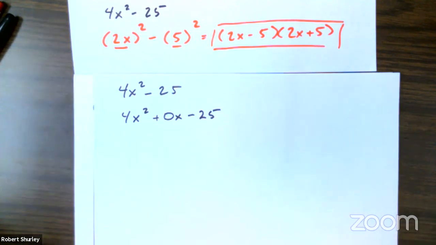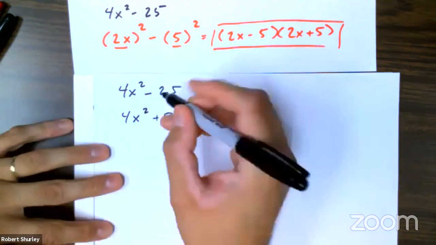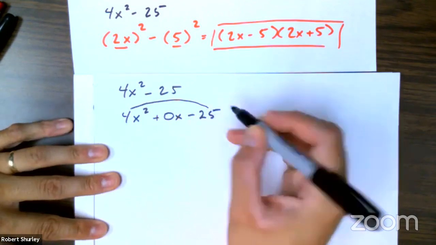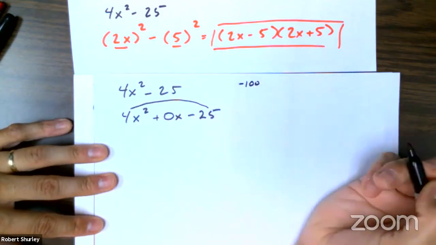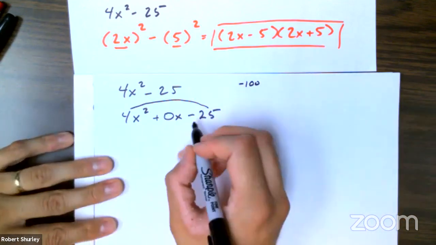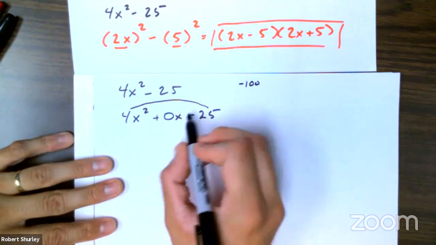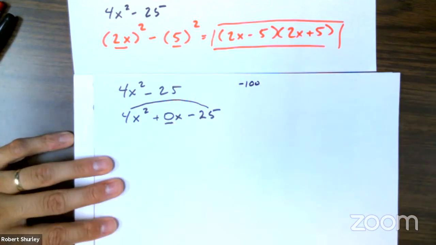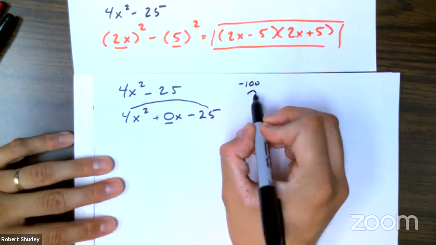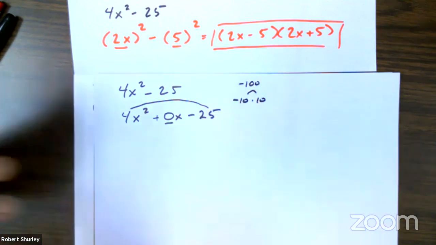If you need to see another example of the AC method, if you haven't watched yesterday's lecture, you need to watch it first because it won't make much sense. But 4 times negative 25 is negative 100. Now we have to get two numbers that multiply to negative 100 that add up to 0. That's negative 10 and 10.